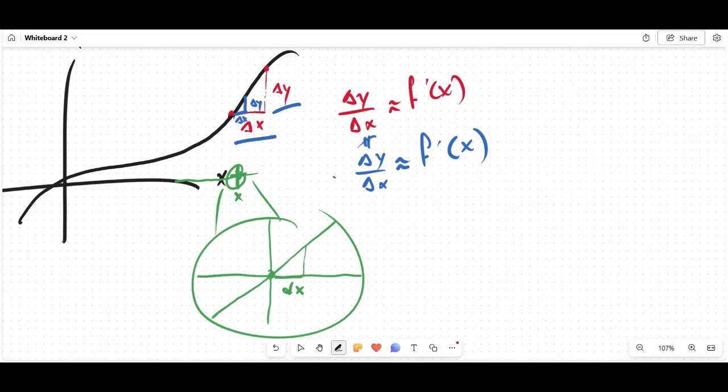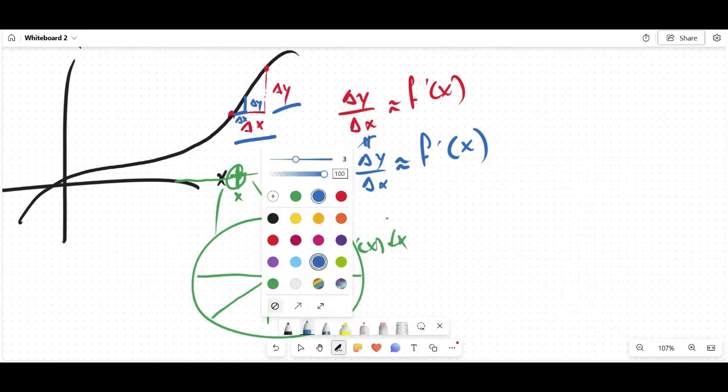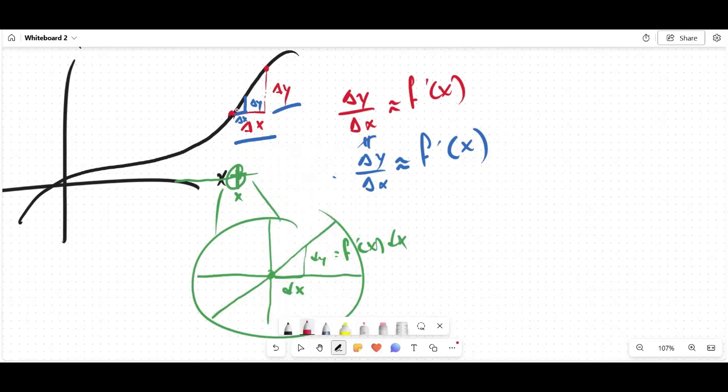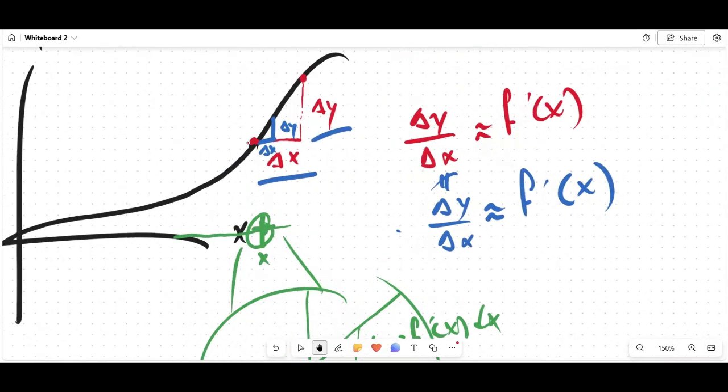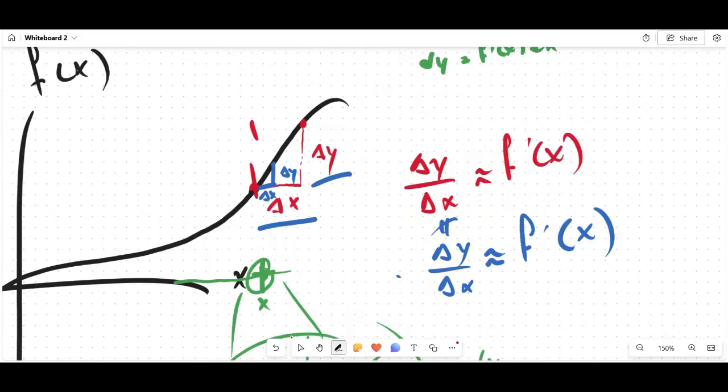And the straight line goes up by an amount dy, which has to be exactly equal to f prime of x dx. And that straight line there looks a lot like, here we go. If you zoom in here, I want to zoom in there.